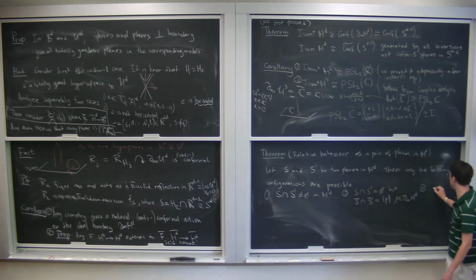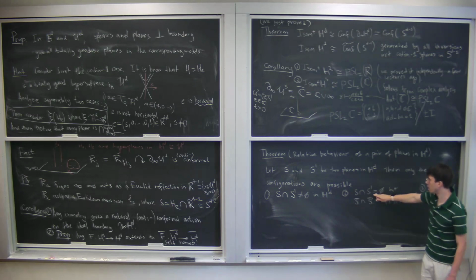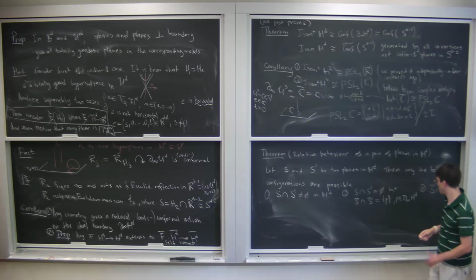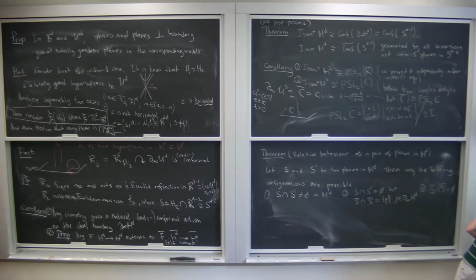The third case is that even the compactifications do not intersect. So the intersection of the planes itself is empty, and they do not even meet on the boundary.